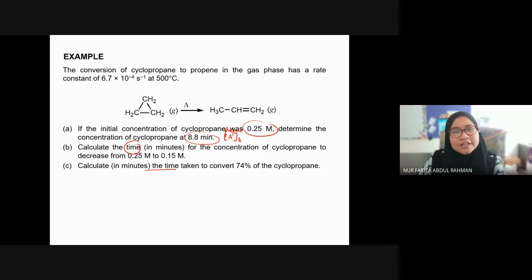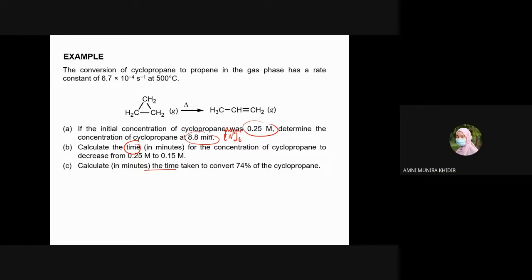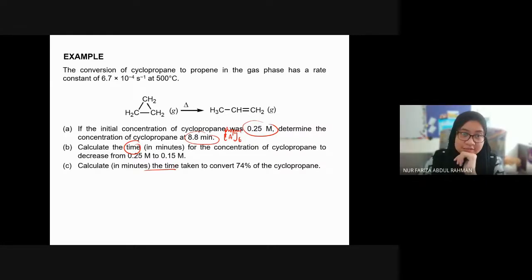So kita nak tahu dia ni integrated rate law berapa ni? What is the order of this reaction, guys? First order. Mana tahu? Dia tulis rate constant. Ada tak dia beritahu this is first order? Dia tak ada lah, itu zaman kanak-kanak dulu lah baru dia nak beritahu directly macam tu kan.